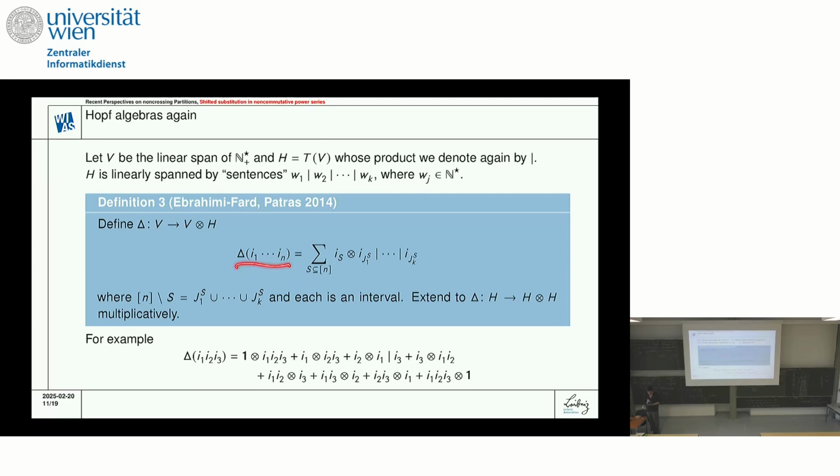So I take a word and I pick a subset of the indices, and I extract them. And in the places where I extracted a letter, I just put a bar. So this is not exactly the same as you would expect. It's not just extracting and putting the leftover monomial on the right, as we had before in the commutative case, but here I want to keep track of where I extracted each variable, because there's an order I have to keep.